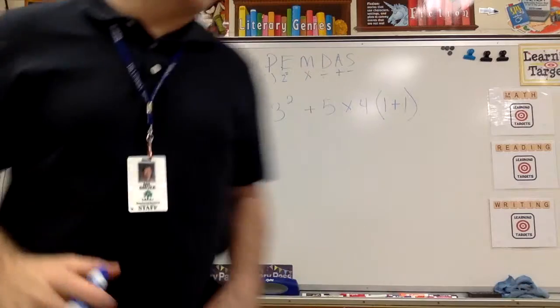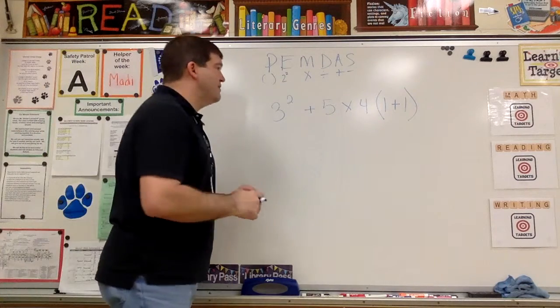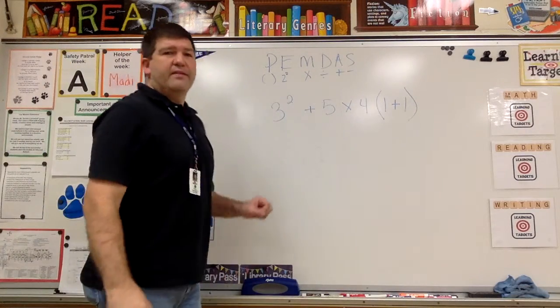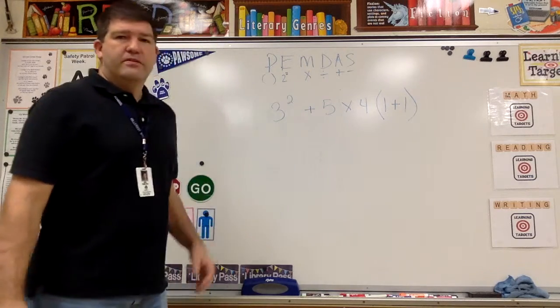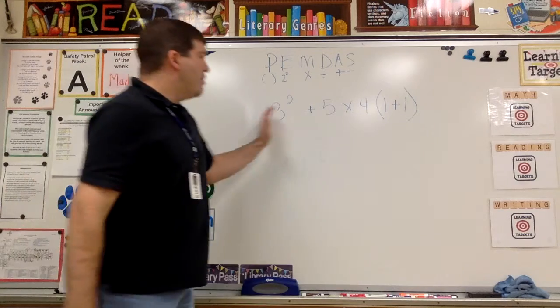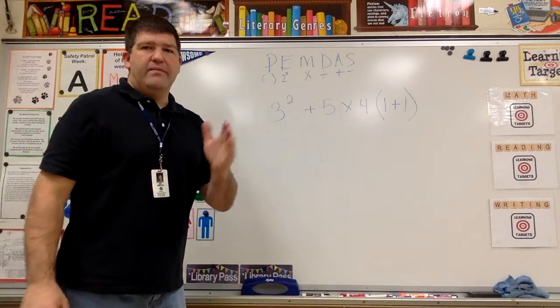Okay, so this has a lot to it. It has some parentheses, it has an exponent here, it has a multiplication and an addition. So, it doesn't matter what all it has, we do the same system every time.